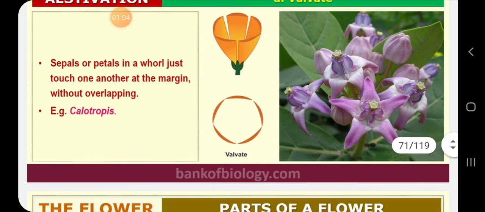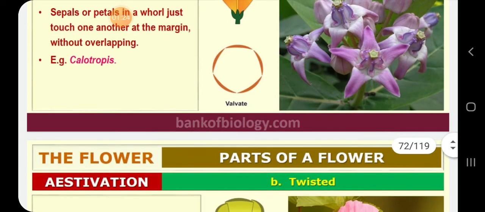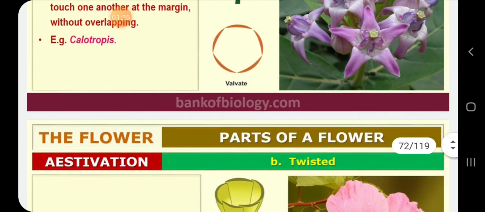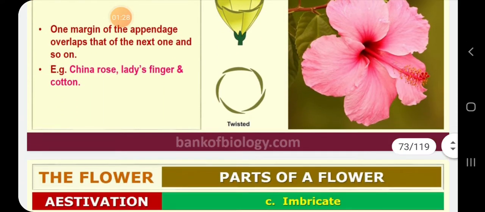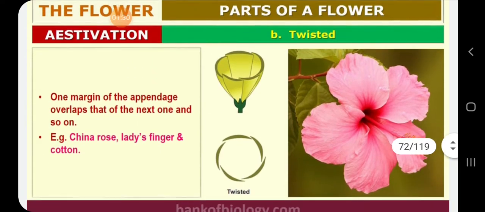Valvate: the sepals and petals, both of them in the whorl, adjust and touch one another at the margin, and they don't overlap each other. For example, calotropis and chili flowers have valvate estivation.